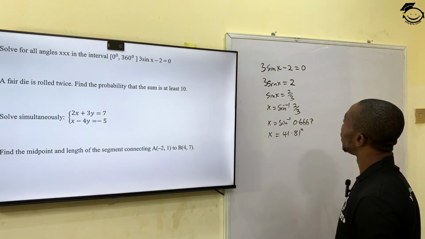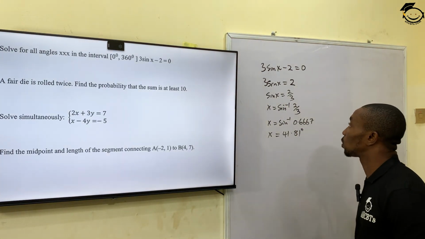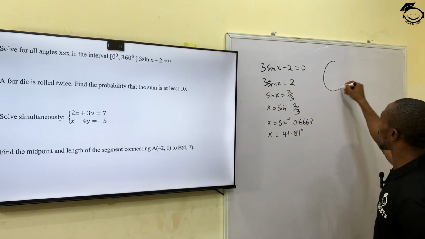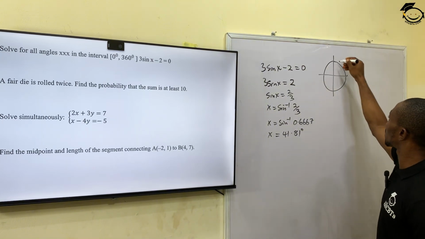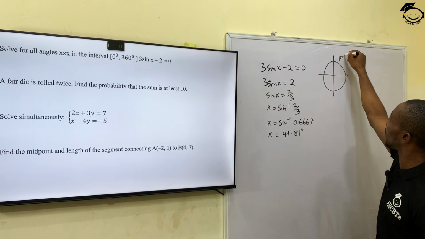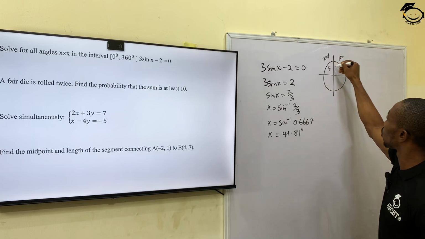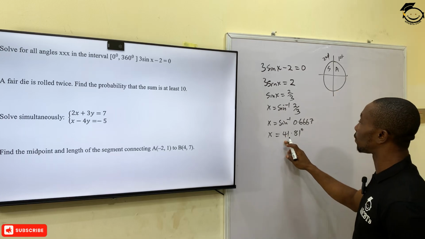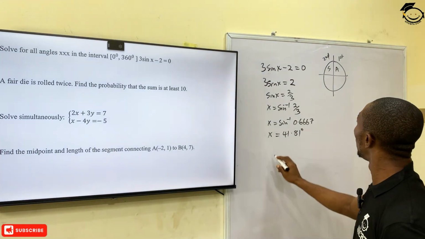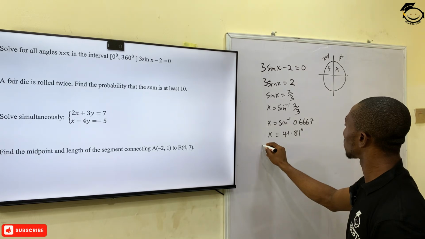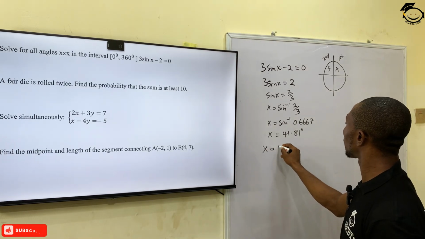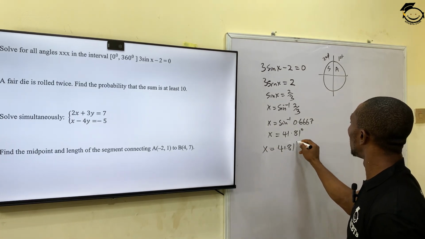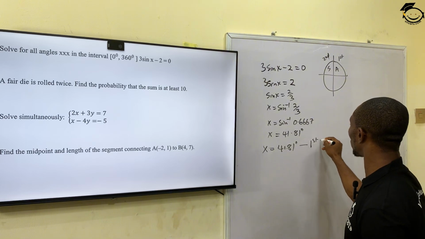Now our x will be 41.81 degrees. Knowing that x is 41.81 degrees, sine is positive in the first and second quadrants. So x equals 41.81 degrees for the first quadrant.